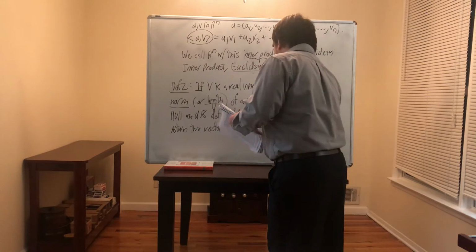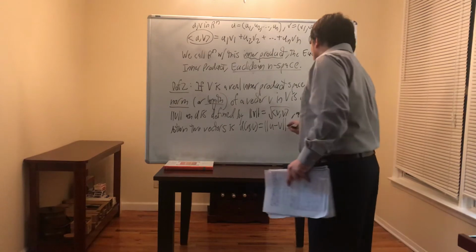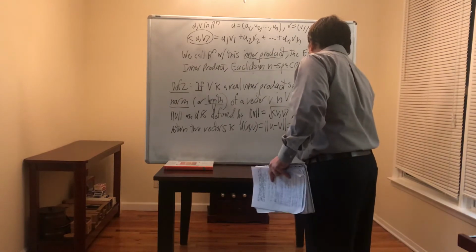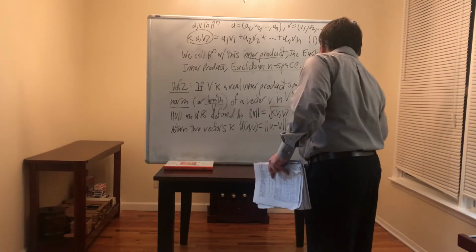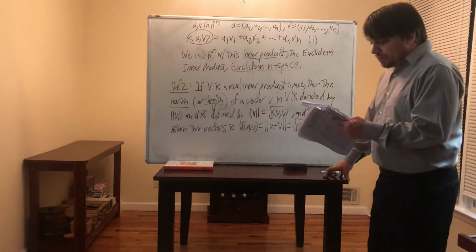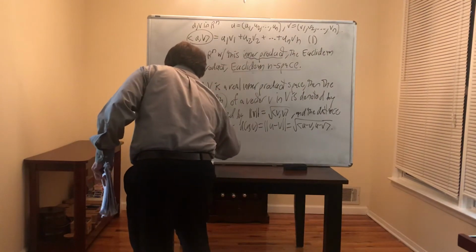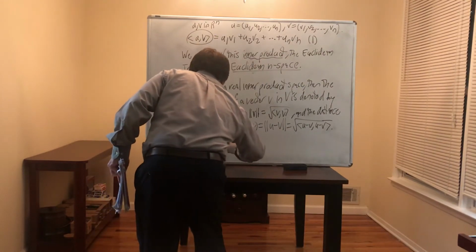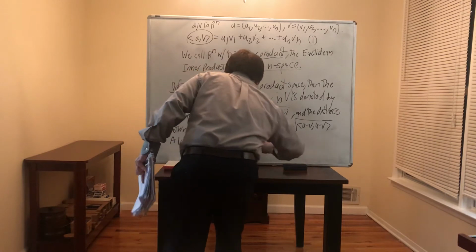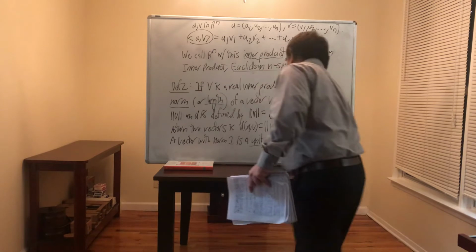It's equal to the norm of u minus v, which equals the square root of the inner product of u minus v with u minus v. A vector with norm 1 is a unit vector.